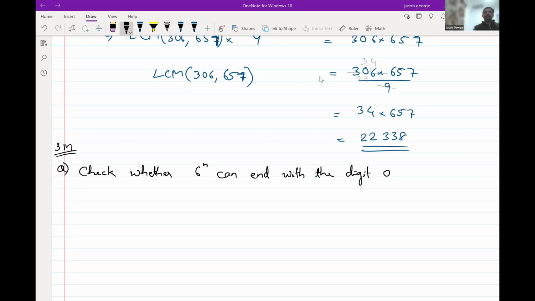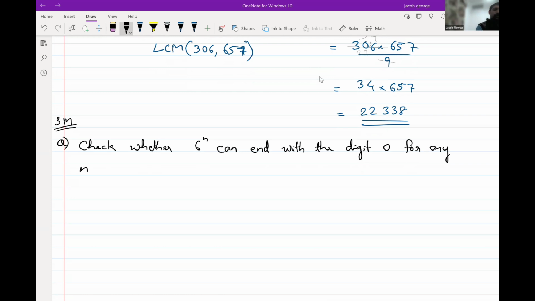Check whether 6 raised to n can end with the digit 0 for any natural number n. Please write. Check whether 6 raised to n can end with the digit 0 for any natural number n.